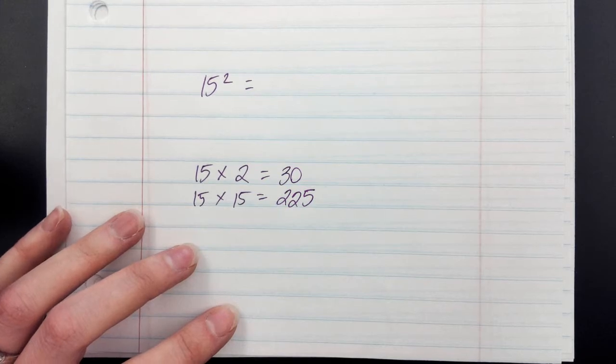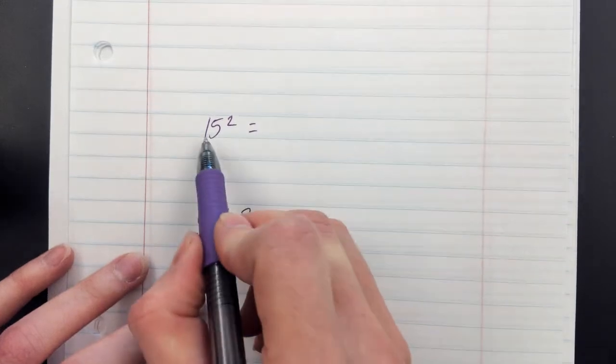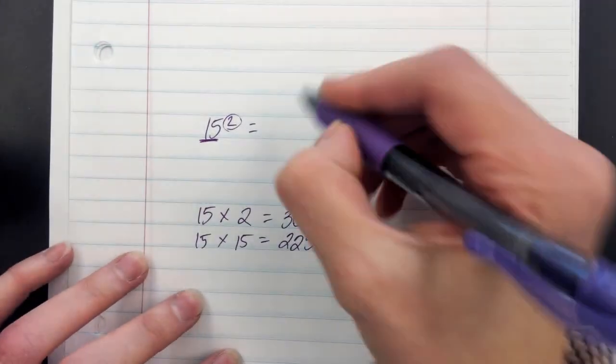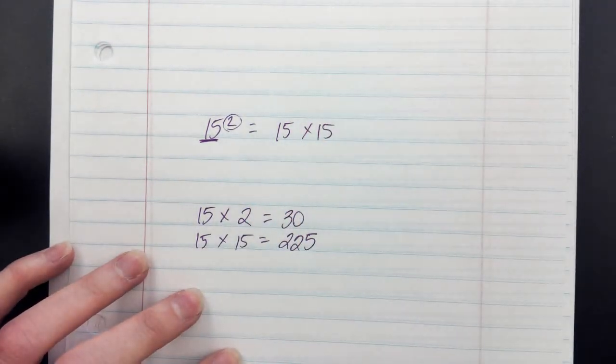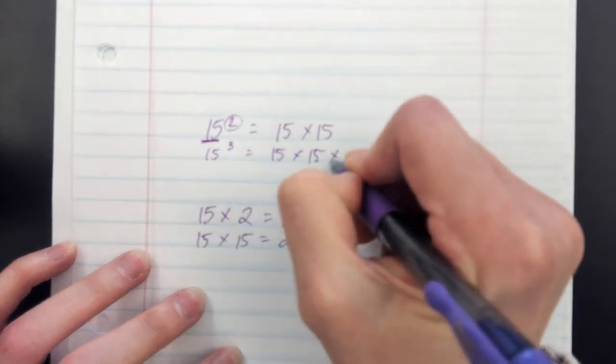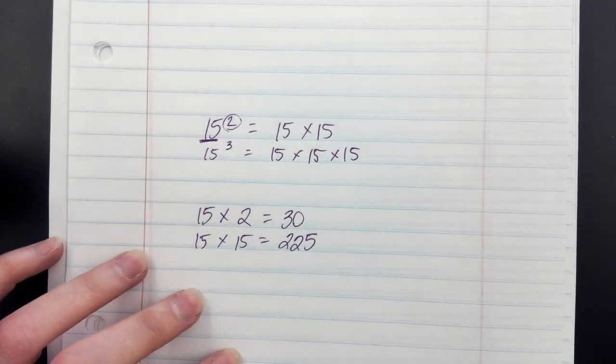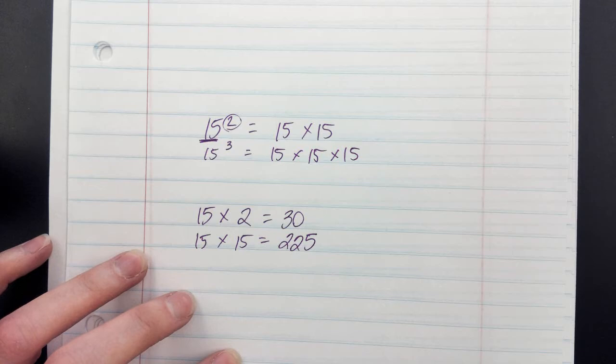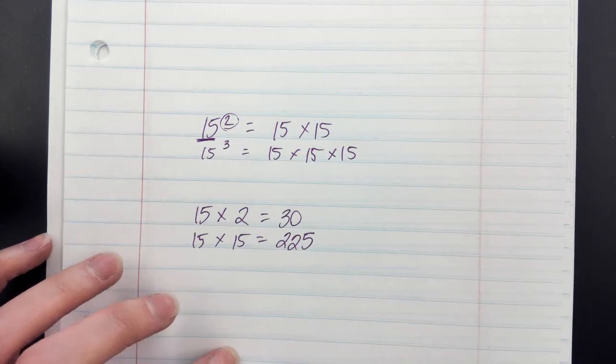There is a huge difference between 15 squared and 15 times 2. 15 squared means this number happens 2 times. So when we're doing squared, it's not times 2. Got it? Awesome.